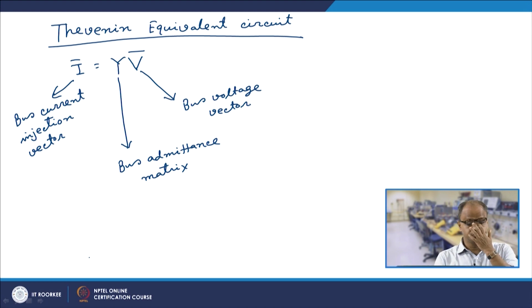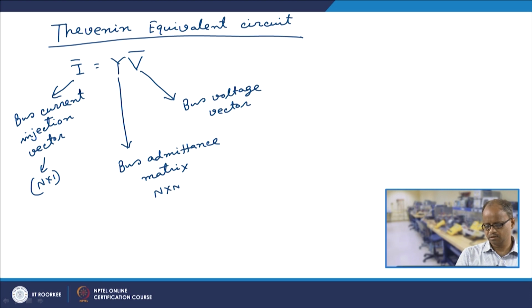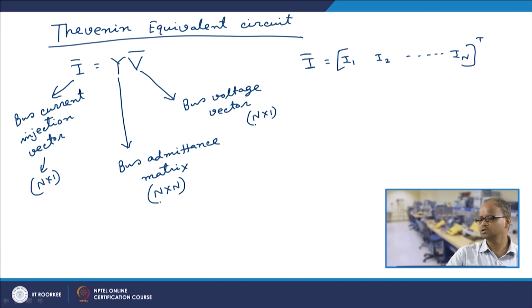Now, if there are n buses in my system, then this is n cross 1, this is n cross n, and this is n cross 1. Recollect that the I vector is I 1, I 2, up to I n transpose, and V is V 1, V 2, up to V n transpose.